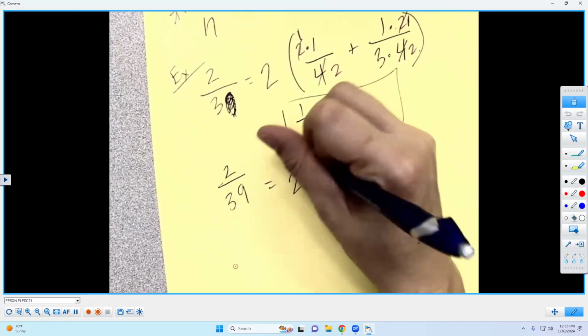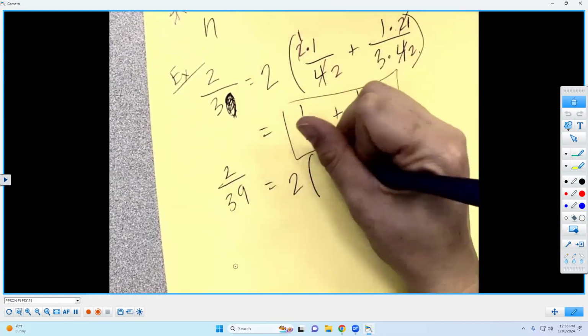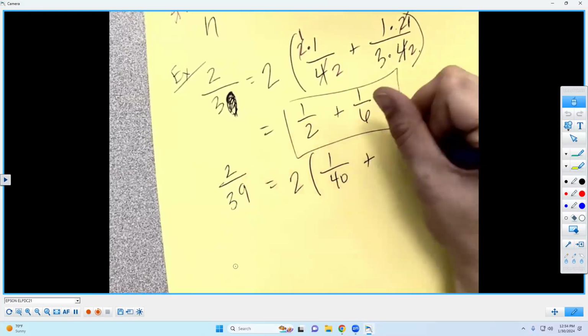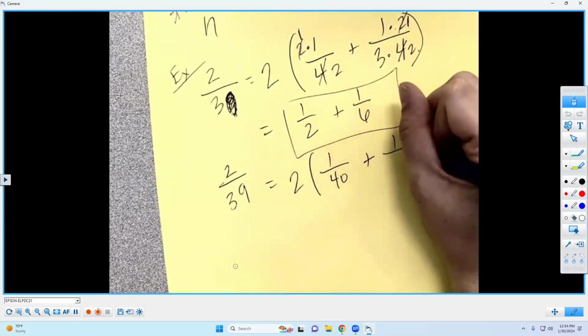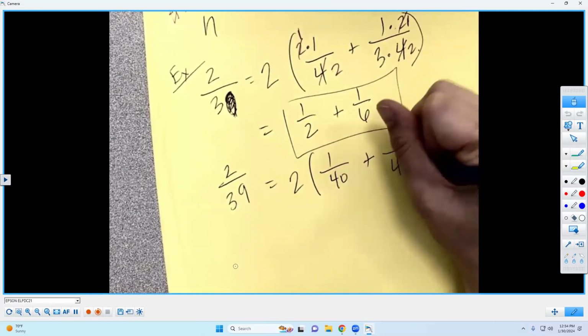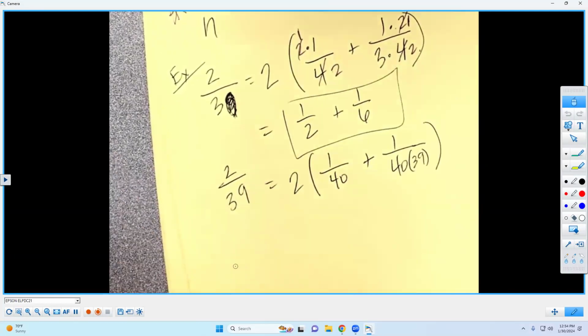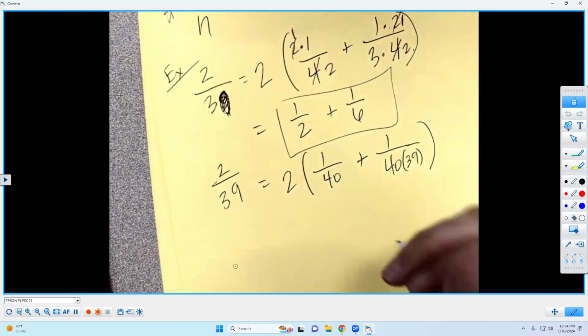So that would be 2 times 1/40 plus 1/40 times 39. So this is the one where I really want to reduce before I multiply it all out, or else you're spending a lot of time on your calculator.